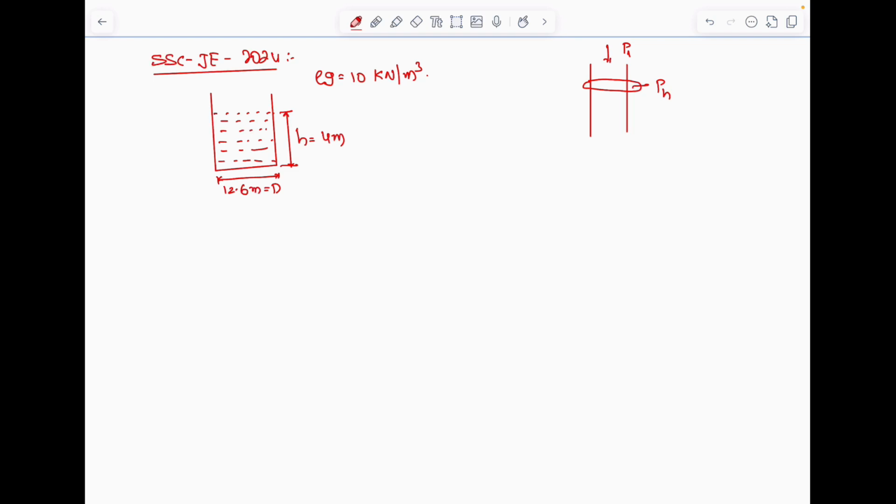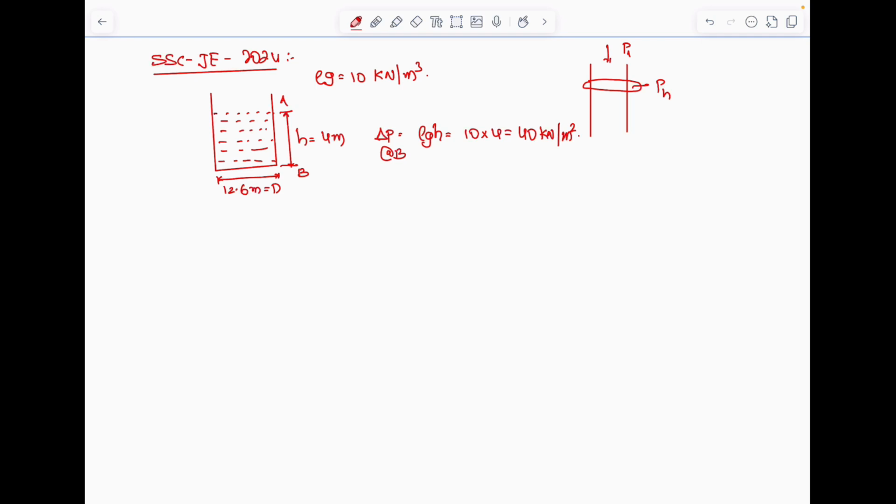Specific weight is given, and let us say it is the point A, it is the point B. Then what will be the delta P at B? That is equal to rho GH. What is rho G? 10 into H is 4. 40 kilonewtons per meter square. This is the pressure applied at the bottom.